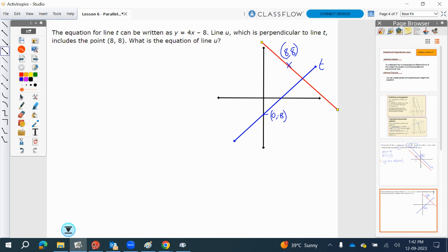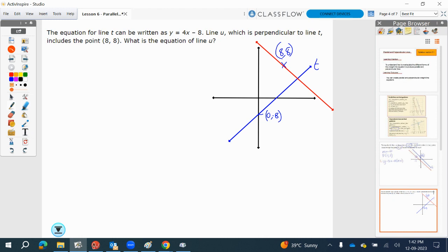So we start by asking, what is the slope of this line, the red line that we're trying to calculate? What's the slope of the blue line? 4. We need to take the negative reciprocal. So the slope of line T is equal to 4.